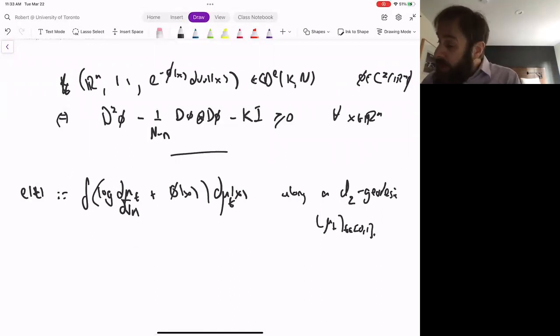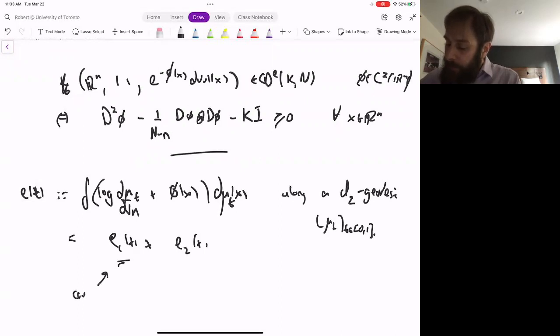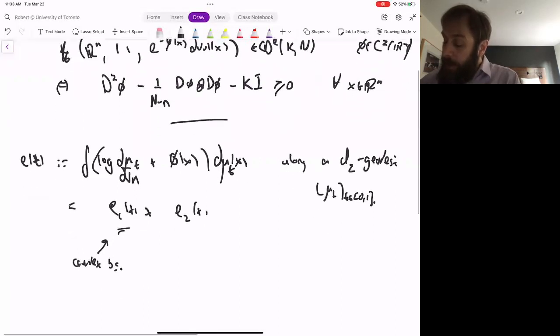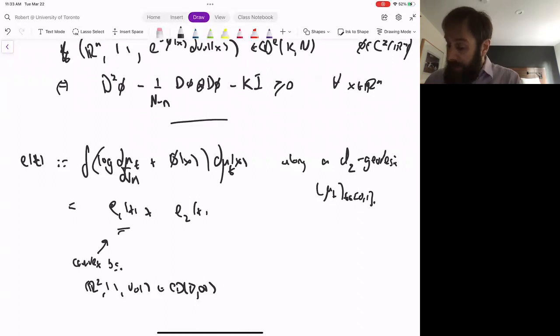But a priori, we already know that this functional is a sum of two terms. Let me call them E1 of t plus E2 of t. And so E1 of t is the thing that needs to be convex. The convexity of E1 of t follows because R^n with the Euclidean metric and the Euclidean volume is itself a CD infinity, zero infinity space. And we knew that already.